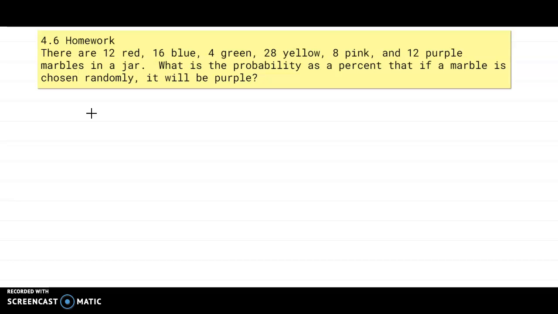Now we're asked to find the probability of a pink marble. So probability of pink equals 8 out of 80. And if I reduce that, I can divide it by 8 over 8, and I would get 1/10. And then I can see without doing any work that 1/10 is equal to 10%, right?